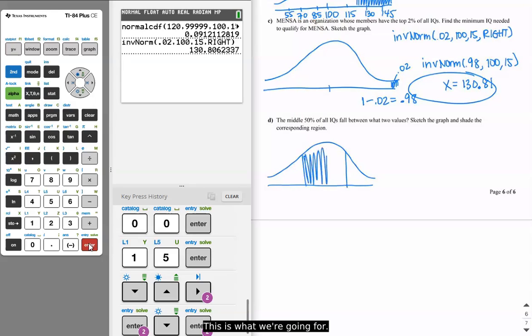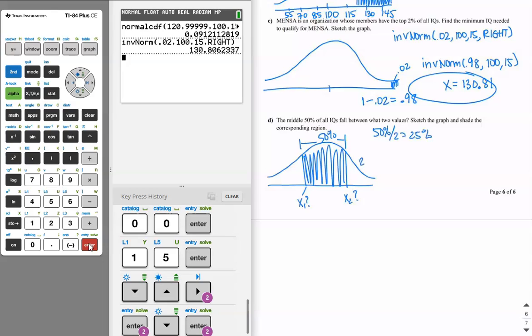So this is what we're going for. We have x1, what is that, and x2, what is that? So this is 50%. I have a total of 50%. If I divide that by 2, each of the tails are 25%. So 25% here, 25% here, or 0.25.